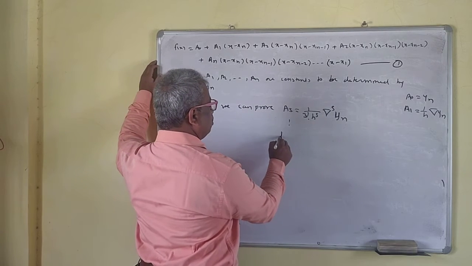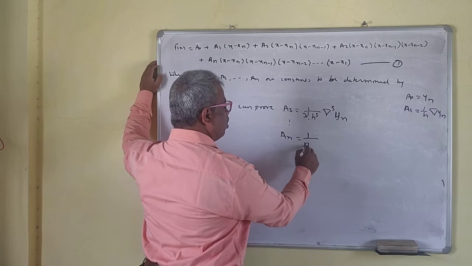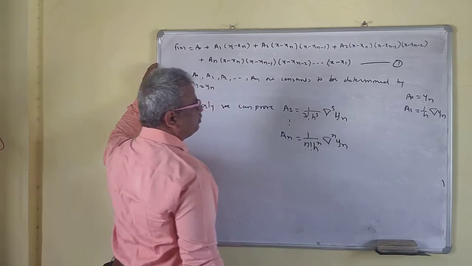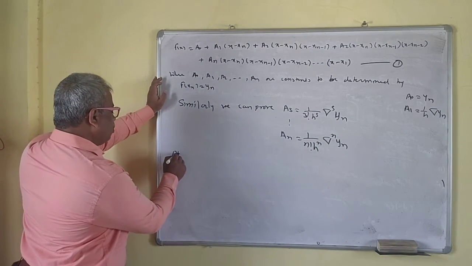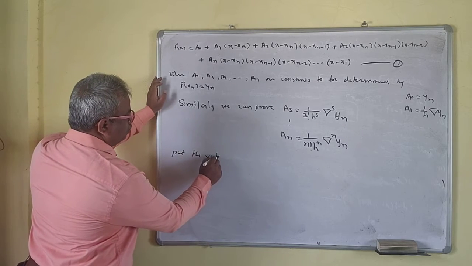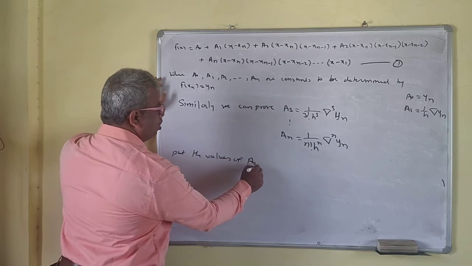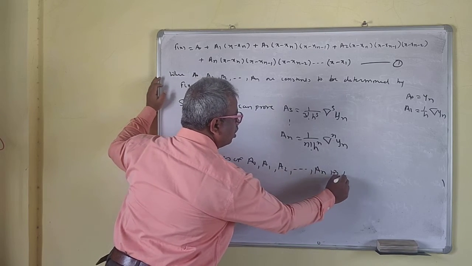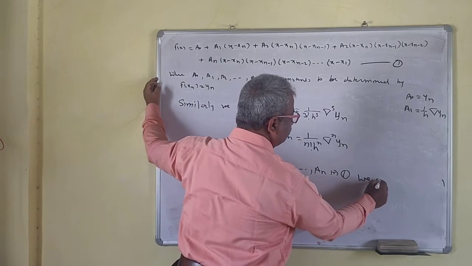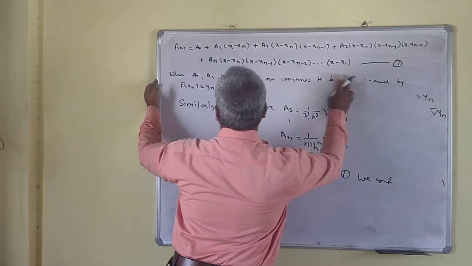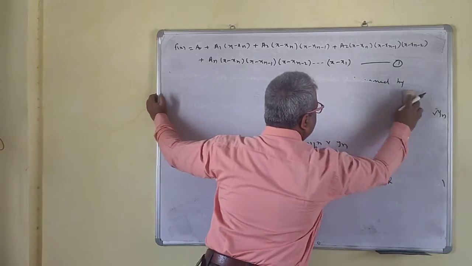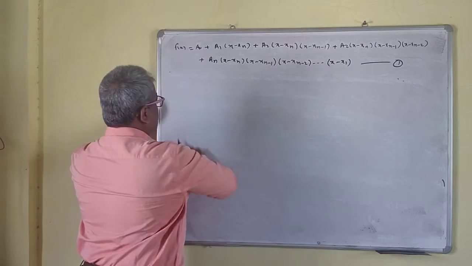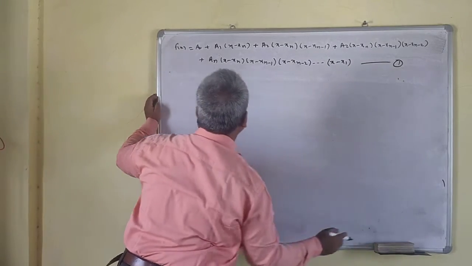dot dot dot, an is equal to 1 upon n factorial h to the power n, nth backward difference at yn. Okay, put the values of a0, a1, a2 dot dot dot an in 1. We'll put this value in 1, so what do we get now?